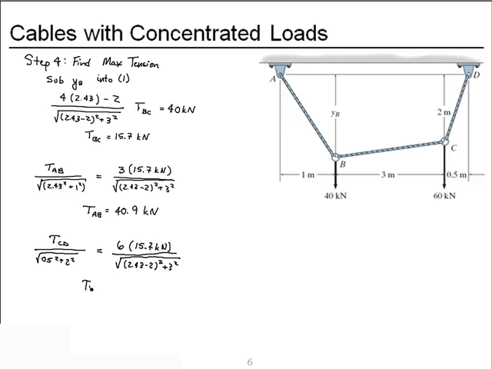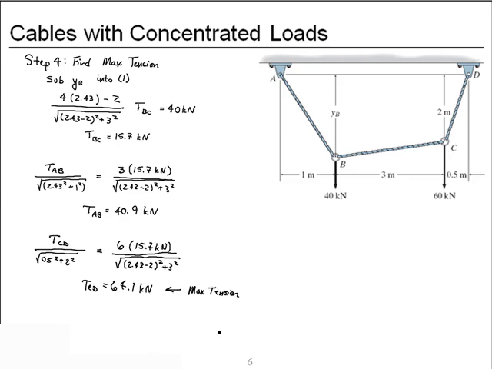Solve all of that for the tension in CD to find 64.1 kilonewtons. And of the three segments, segment CD has the maximum tension. Great.